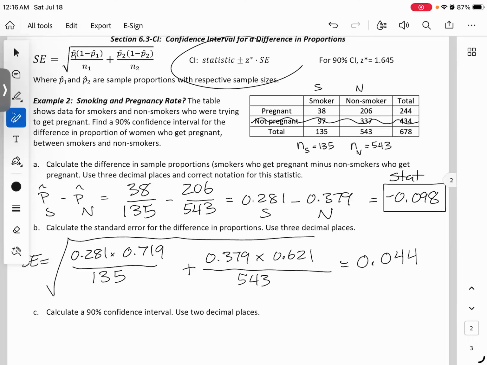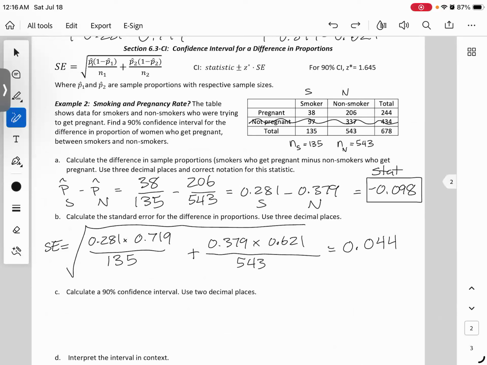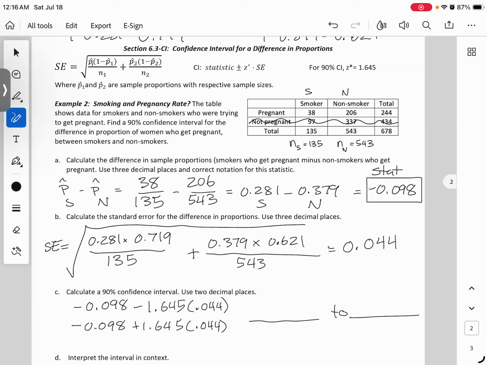And then now we're going to use this and this to get our confidence interval. I'm going to keep that in the page, but it's the statistic first minus 1.645 and plus 1.645 times our standard error, and that's going to give us our lower and our upper value.